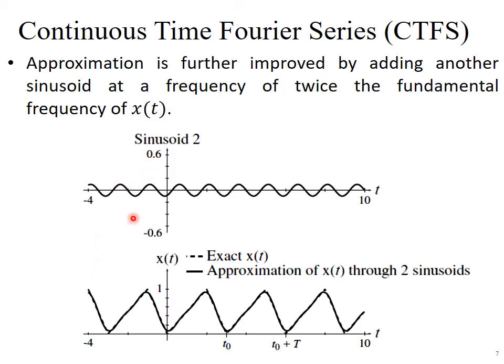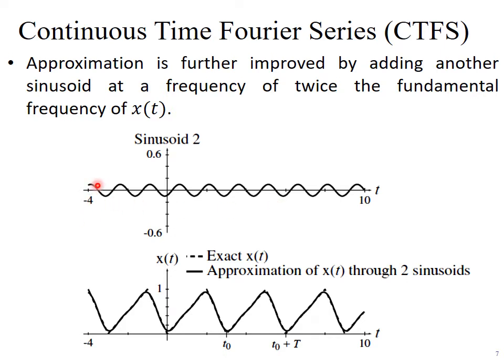So now we have three components added: a constant 0.5, a sinusoidal waveform of frequency 1 upon T, and another sinusoidal waveform of frequency 2 upon T.